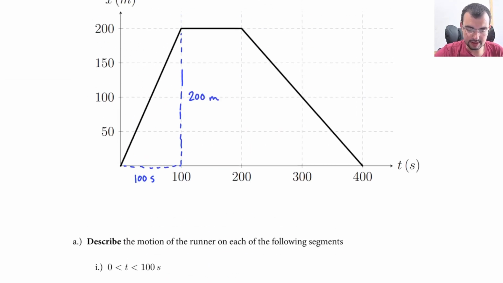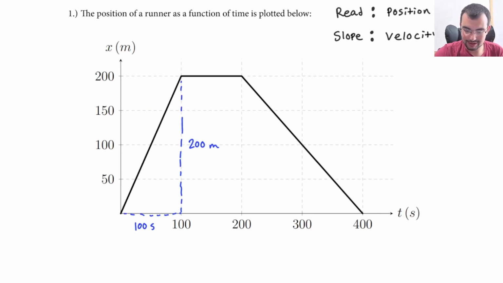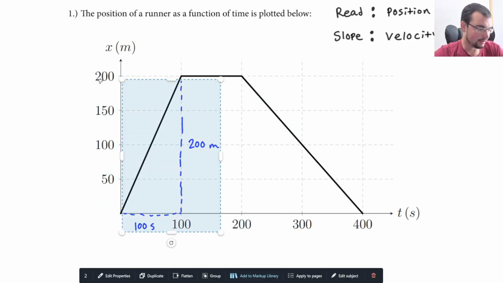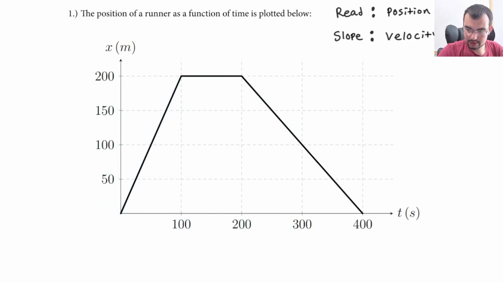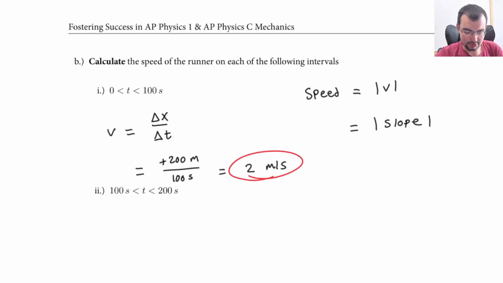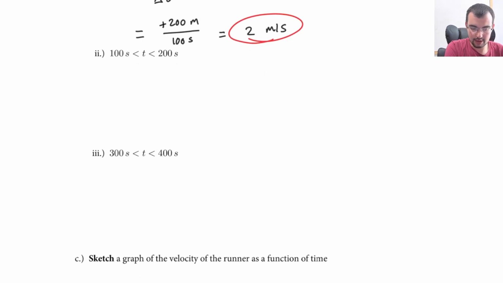Then, really easy to do going on at the middle segment, right? Because they are not moving. What's the rise? The rise is 0. This is not rising anywhere. So it's 0 over 100, technically, but velocity would be 0.